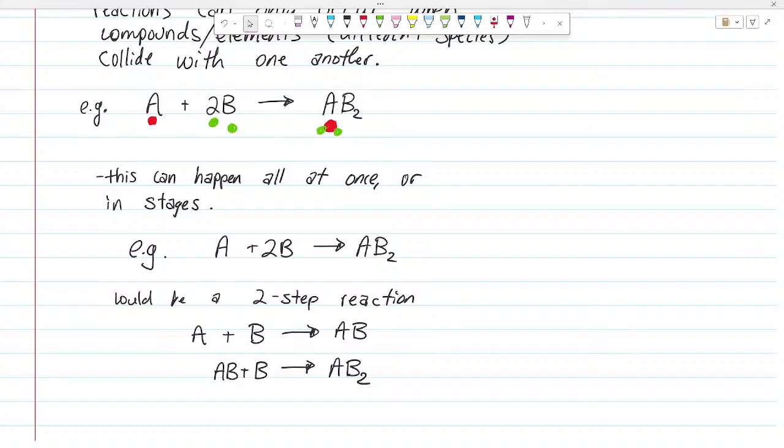So a lot of reactions actually take more than one step. Does that make sense? A lot of reactions actually take more than one step. So if we keep that in mind, in this case, that would look like an A bumping into a B to form AB.